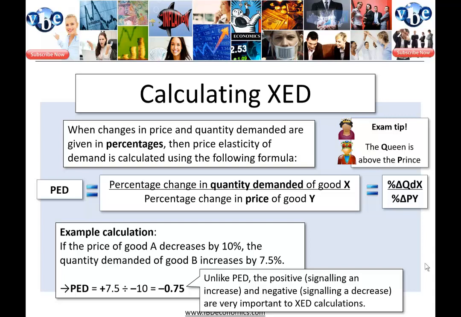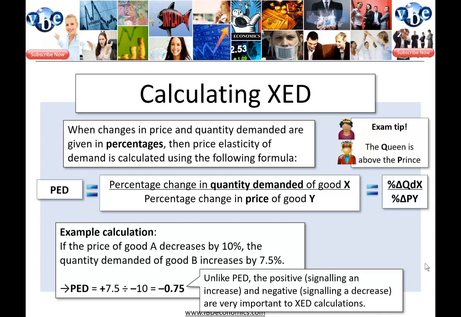Okay, let's have an example calculation here. If the price of good A decreases by 10%, the quantity demanded of good B increases by 7.5%. Just plug that into the calculation. This time, whether it's a positive or a negative change is important. So here we've got an increase in quantity demanded by 7.5, so that's positive. And we've got a price decrease, so that's negative. And we need those integer values to make sense of this.